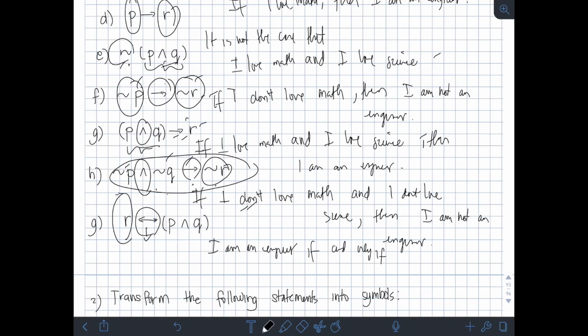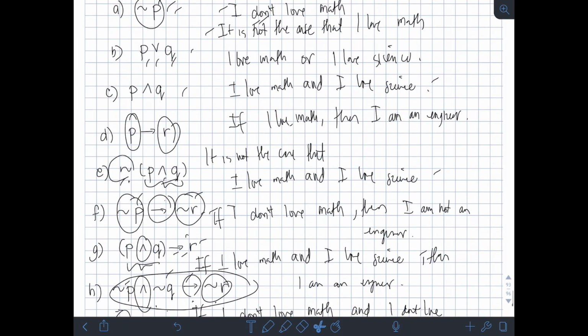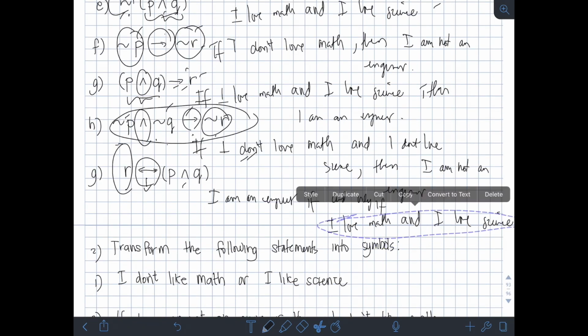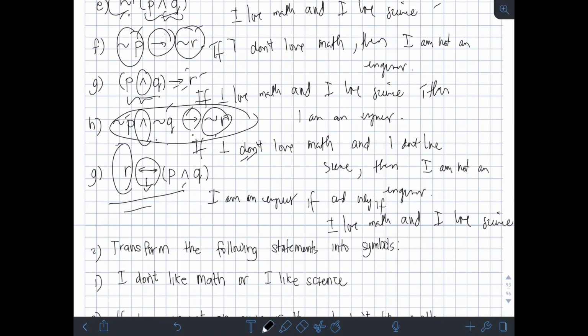P and Q. So, if and only if, I love math and I love science. Right? So, nagamit na natin yung "and", right? So, ito yun, diba? So, copy ko na lang. Okay, so therefore, itong symbol na to can be written in words as I am an engineer if and only if I love math and I love science.